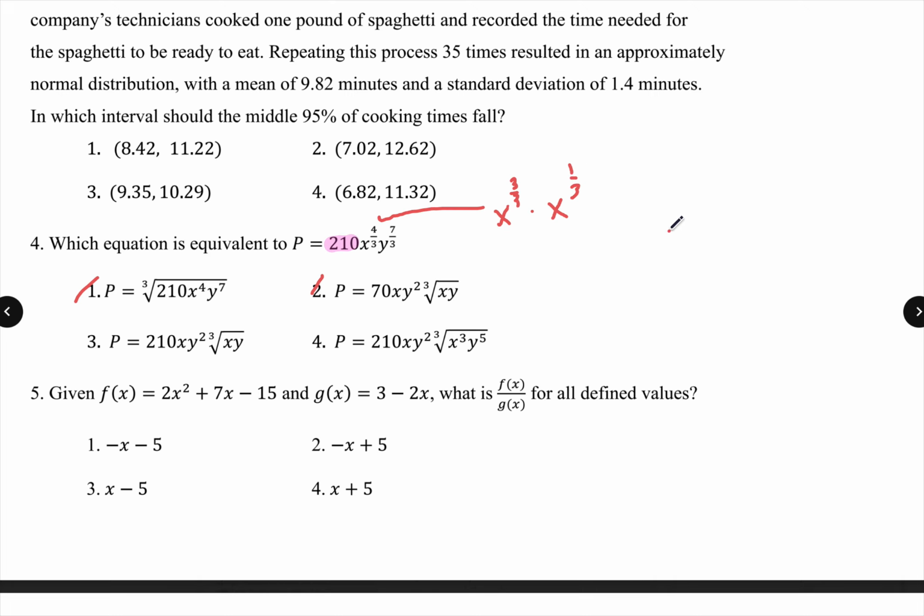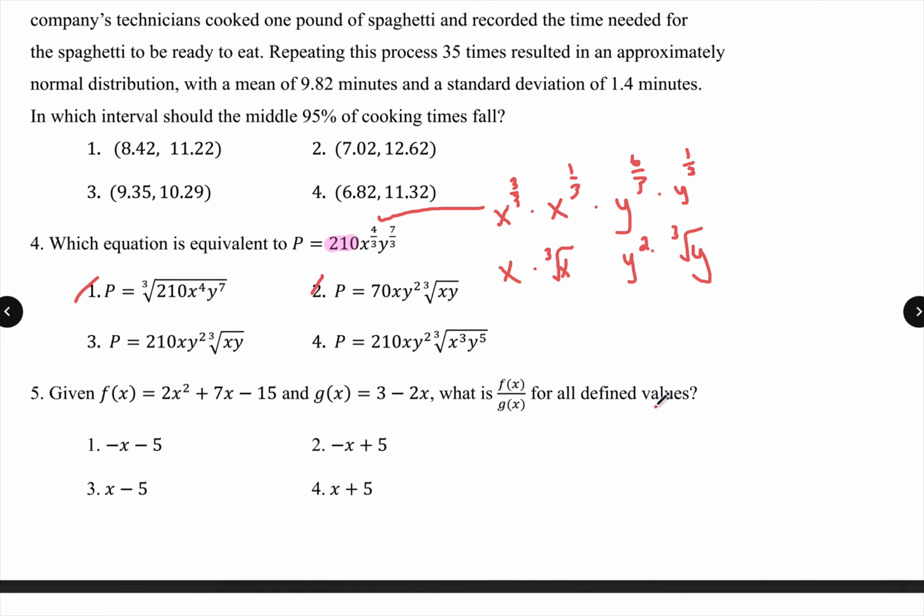And the same thing for the y, times y to the power of 6 over 3, right? It's going to give you that nice little whole number, times y to the power of 1 over 3. This becomes x. This becomes y squared. These are really just saying the cube root of x times the cube root of y.